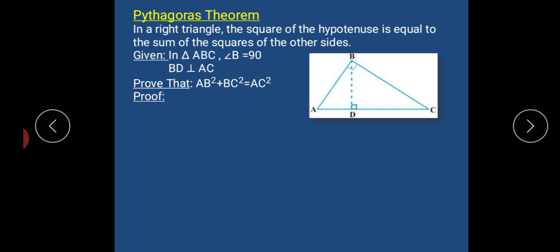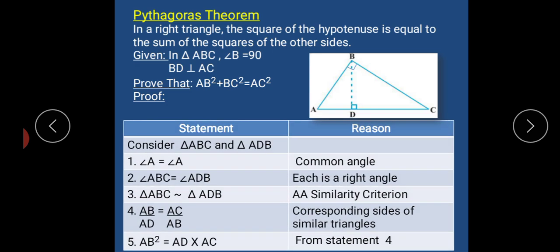To start this proof, we want AB square. To get AB square, we want two triangles with AB as a common side. Yes, triangle ABC and triangle ADB. See how the naming of the triangle is very, very important.